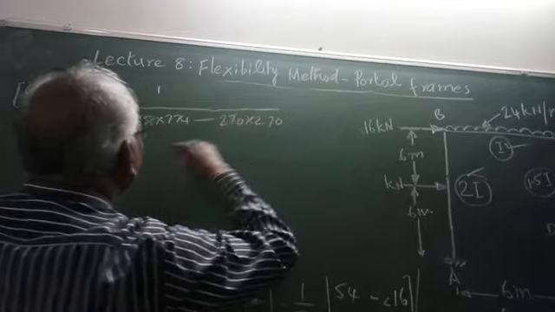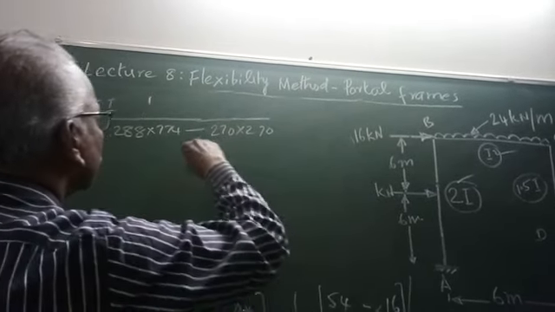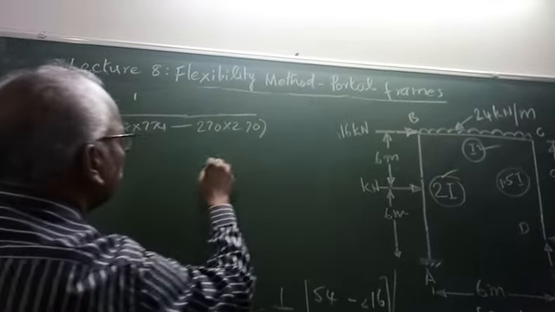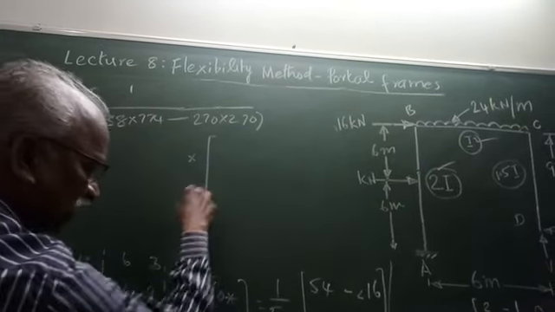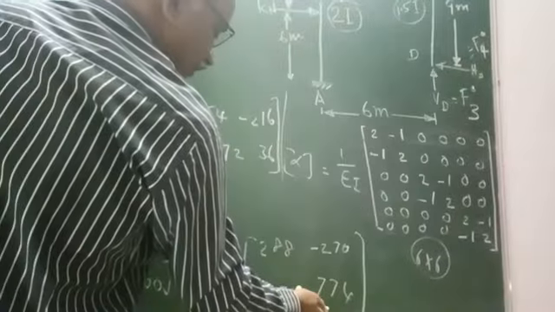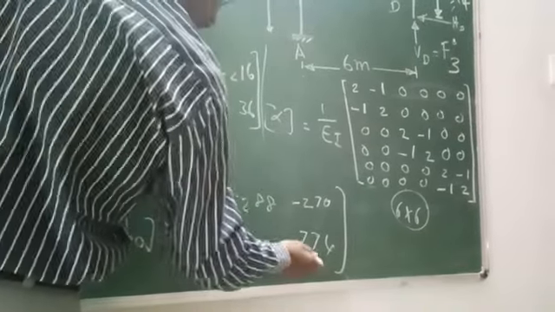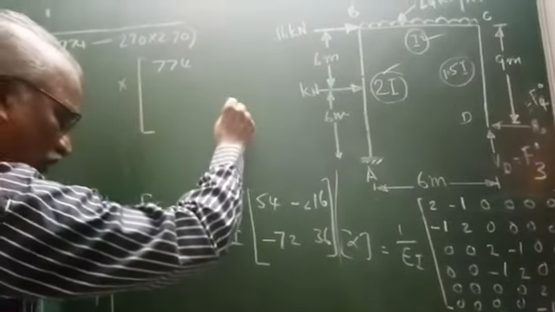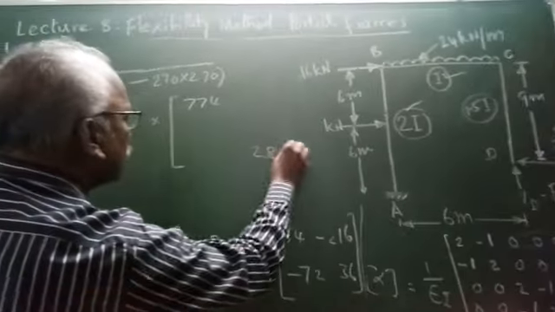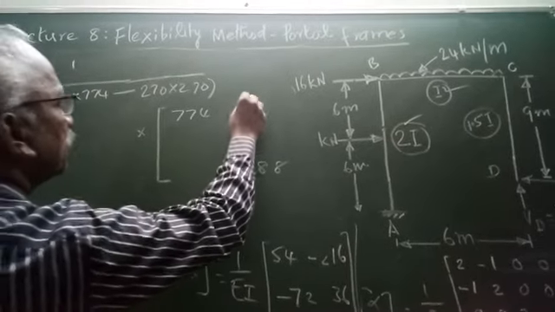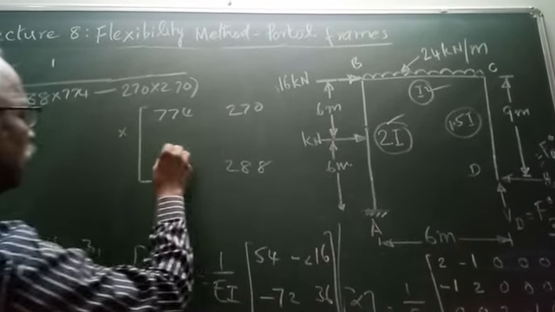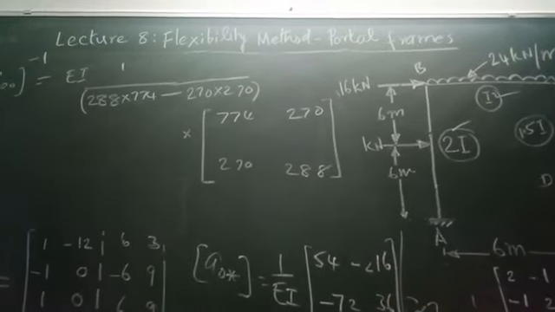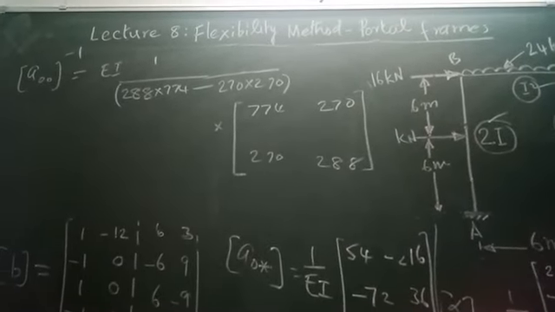Minus minus will become plus, right? So this is the determinant into the adjoint of the matrix. In the adjoint, 774 will go here and 288 here, and the off-diagonal terms will become plus 270, plus 270. That is the inverse of the 2 by 2 matrix.